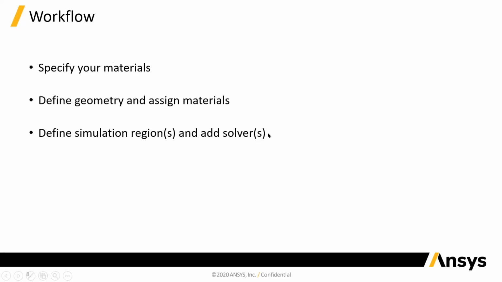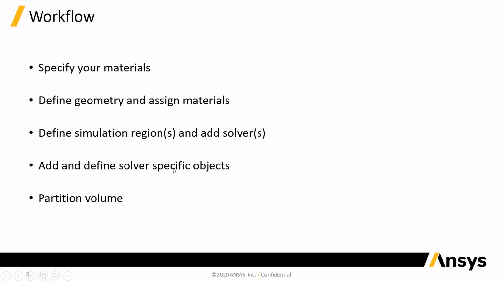Then you define the simulation region, either the simulation area or volume for 2D or 3D simulations, and then add the solver, what type of simulations you want to run. For each solver, there are solver specific objects. For example, if you're doing an electrical simulation, you will add doping profiles. If you're doing thermal simulations, you would add a thermal boundary condition or a heat source.